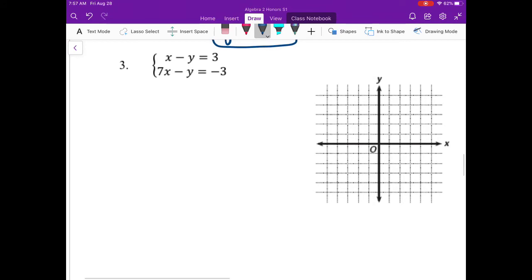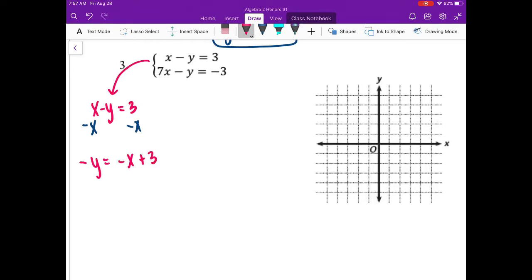Number 3, same idea. We want to go ahead and rewrite our equations so that we get y by itself. So I want to subtract x, and I get a negative y equals a negative x plus 3. We still need to get rid of this negative, so I want to divide by negative 1.